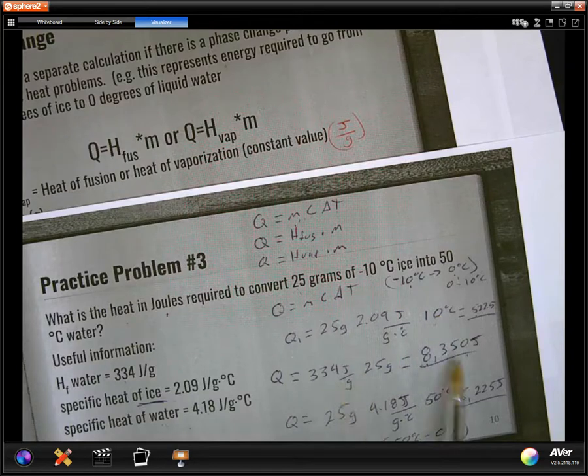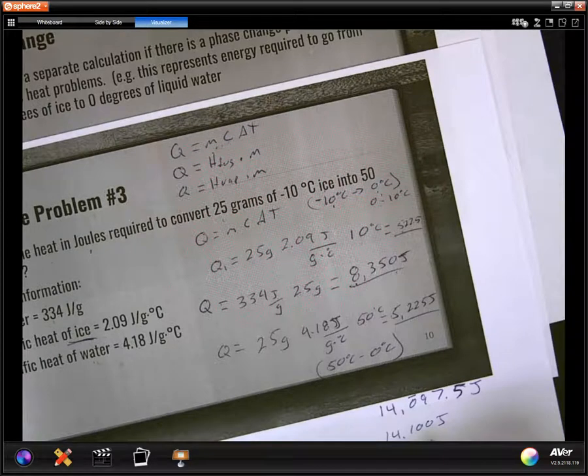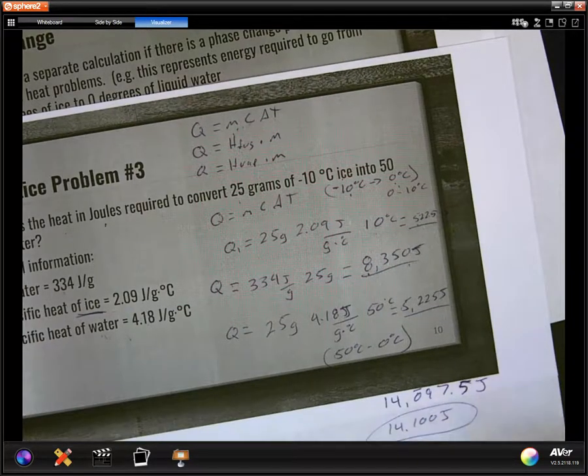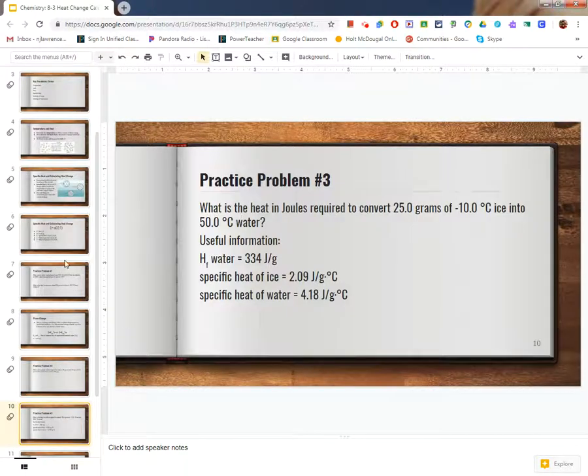Then you have to calculate how much energy is needed to phase change it from ice to water. Then you have to calculate how much energy to raise that 0 degree water all the way up to 50 degree water. Add those together and get your answer. This might seem a little overwhelming right now, but I assure you that these equations will become very easy to you after we practice in class and see a few more examples.